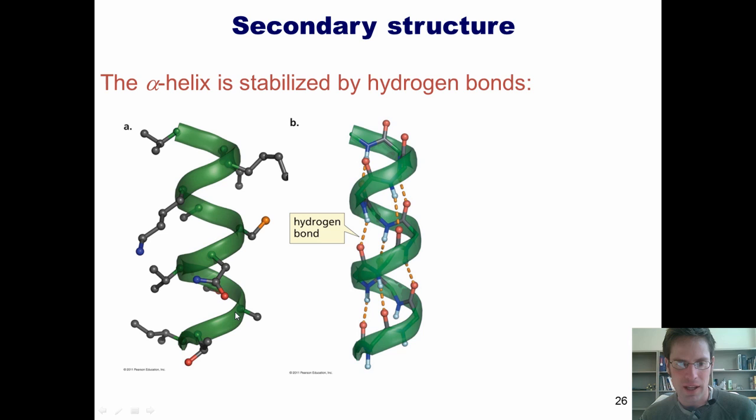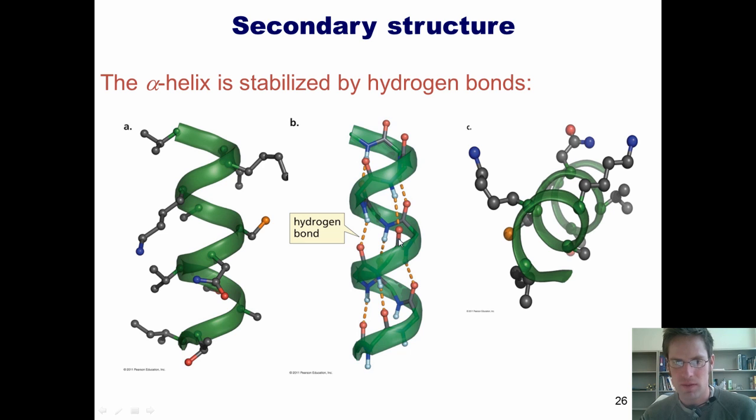So this is essentially our peptide wrapped around where there are hydrogen bonds stabilizing it in the middle. This is a sideways view of it. So once again, this twisty green section is a peptide that's twisting into a coil, and that is a type of secondary structure that's often seen in proteins. They're stabilized by hydrogen bonds.